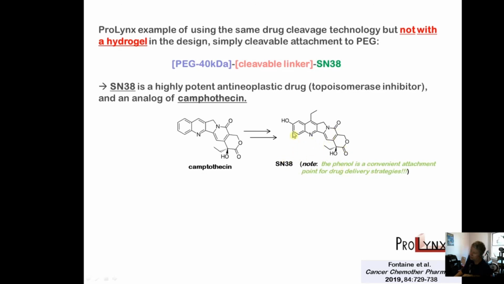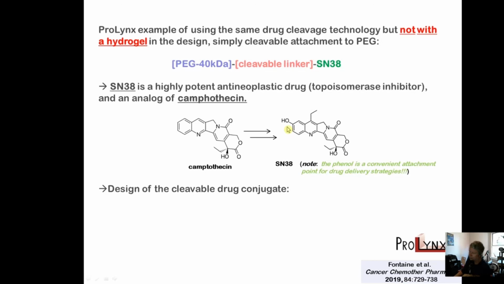But the one thing is that there's a phenol here on this aromatic ring, which is great because we can attach stuff to it. So this is a great attachment point for a drug delivery strategy. Whereas camptothecin, the original molecule, I think this is a natural product, it didn't have this. It did have a tertiary alcohol, but it's sometimes hard to attach stuff to a tertiary alcohol. Anyway, the phenol is a nice attachment point for drug delivery strategies.